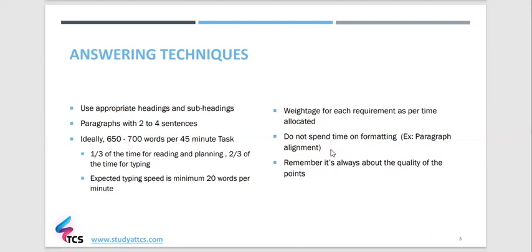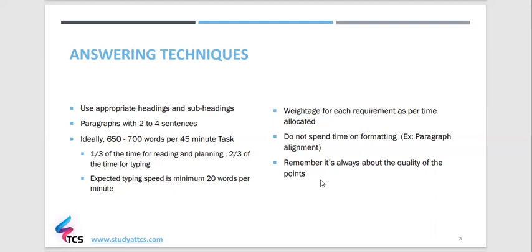And do not spend time on formatting, such as paragraph alignment and whatnot, because the examiner is not too concerned about these things. Just be mindful about the formatting pertaining to headings and subheadings, as well as providing answers in paragraphs. Other than that, you need not concern yourself too much about formatting.